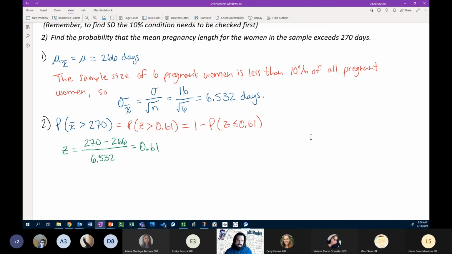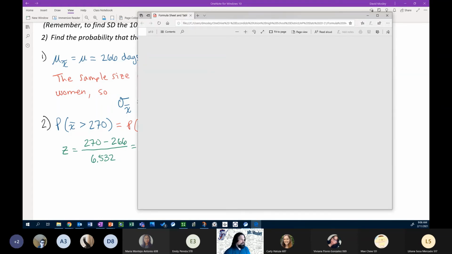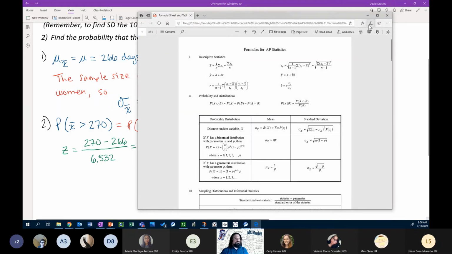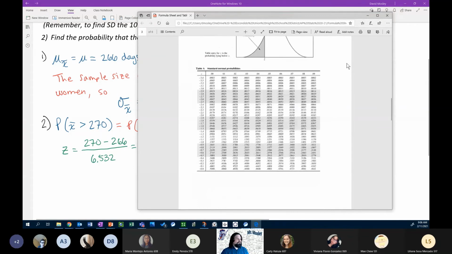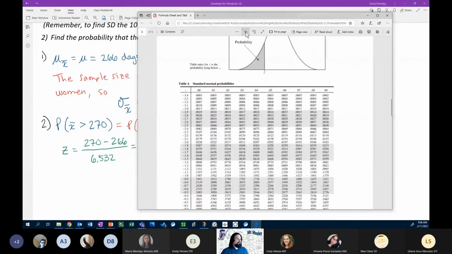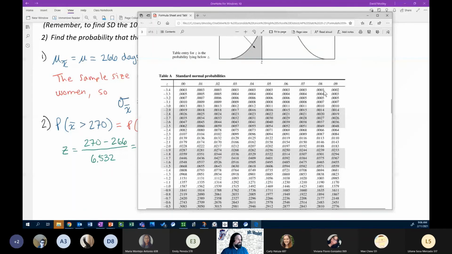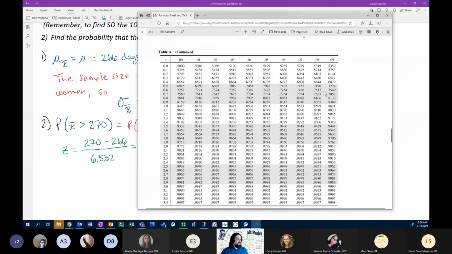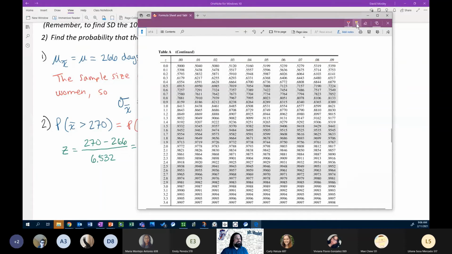And so I go to my table A, which I keep forgetting to have open. All right, and we go to the positive side of table A, we find 0.6. And that's right here.